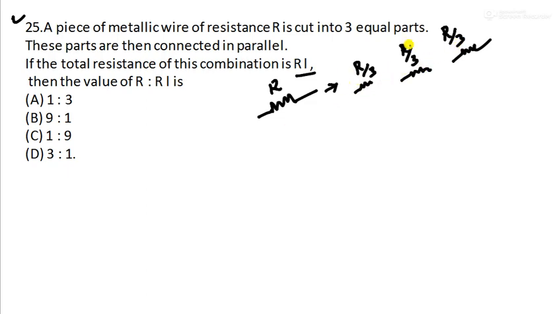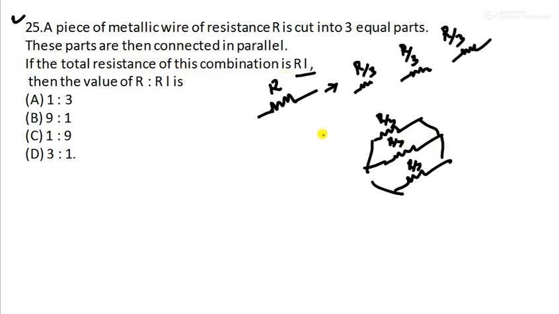Now these R by 3, R by 3, R by 3 are connected in parallel. 1, 2, 3. This is R by 3, this is R by 3, and this is R by 3. They are connected in parallel. What is the total resistance of this combination? For resistance in parallel, we have the formula 1 by R1 plus 1 by R2 plus 1 by R3.